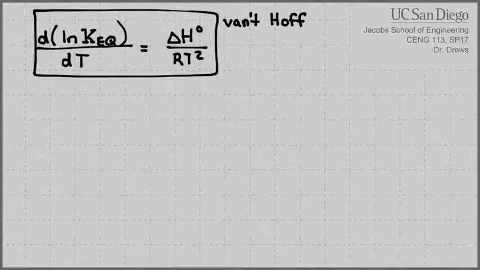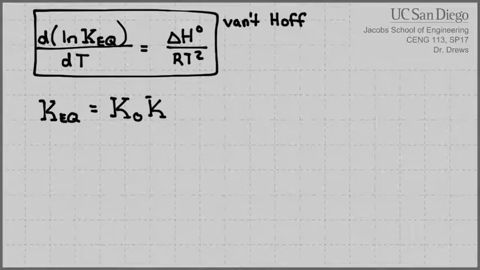In order to get KEQ at any temperature, we have to get started somewhere. The way that we get started is to say KEQ, here come 3 more Ks, K0, K1, K2.